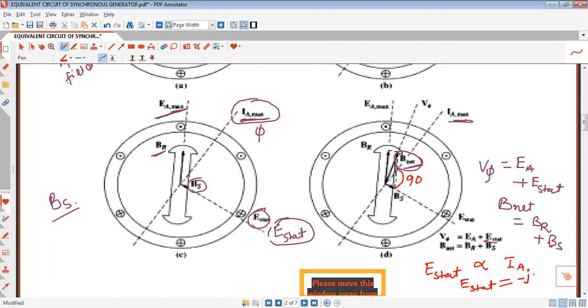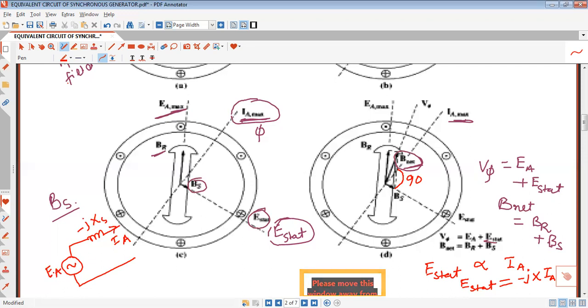Lagging means minus j, and reactance X times IA. So we can write that. The output voltage we can write as an equation in circuit form. This E stat we can write here as minus jX IA, where current IA is flowing here, and this is our EA.